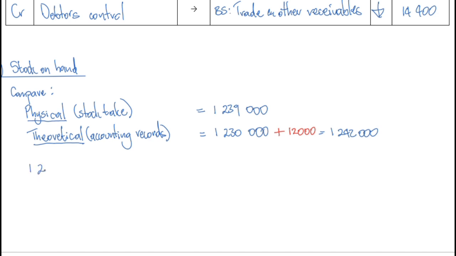Since the new theoretical stock balance of 1,242,000 is greater than the physical stock balance of 1,239,000, it means that we have a trading stock deficit.